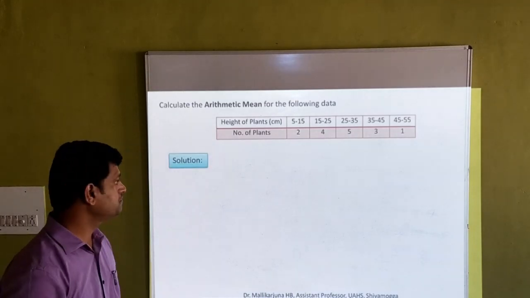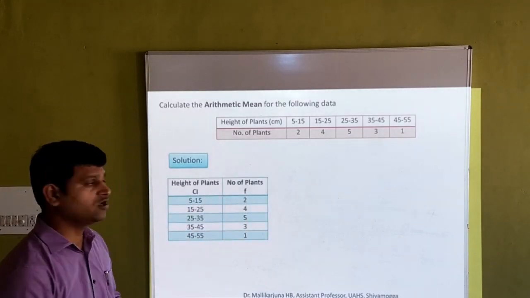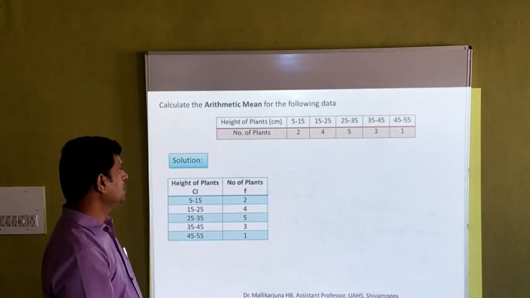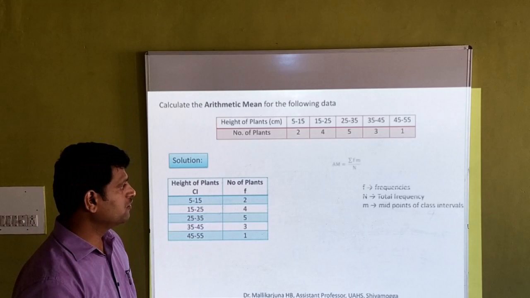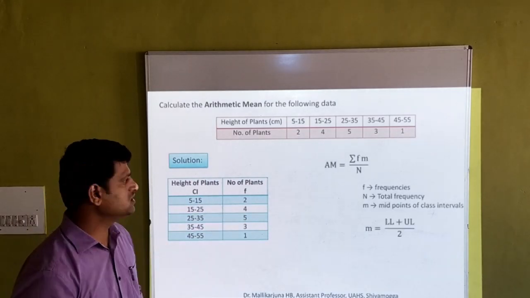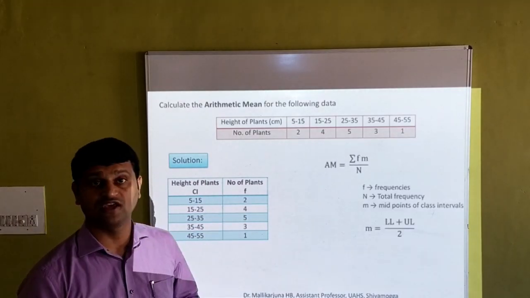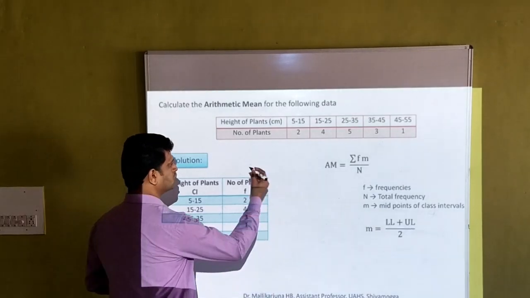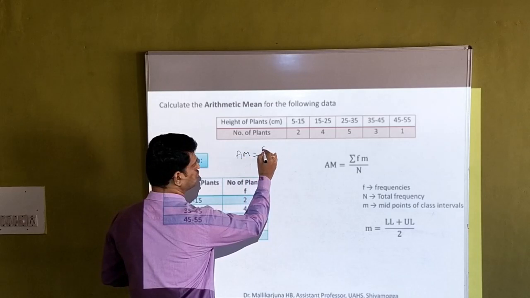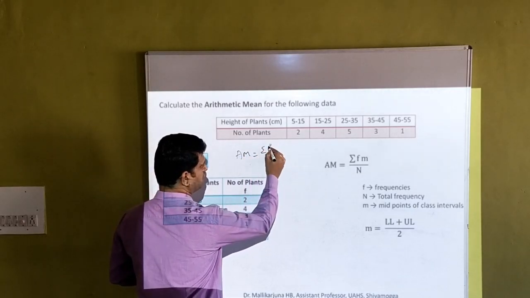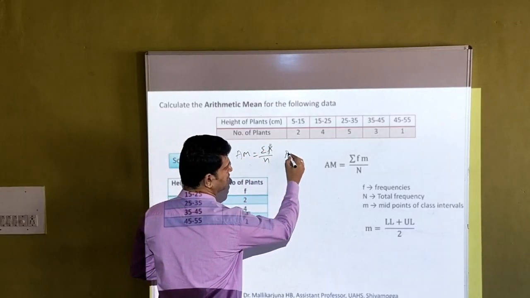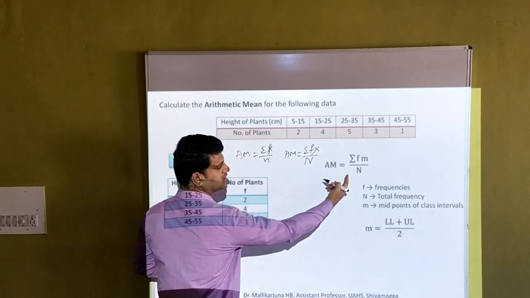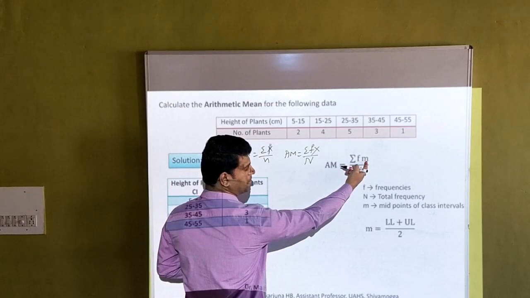Coming to the solution, I made vertical columns from this horizontal table. For the arithmetic mean, we have the formula: arithmetic mean is equal to summation of fm divided by capital N. For raw data, AM is summation of x by n, and for discrete, summation of fx by capital N. But here, instead of x, m.